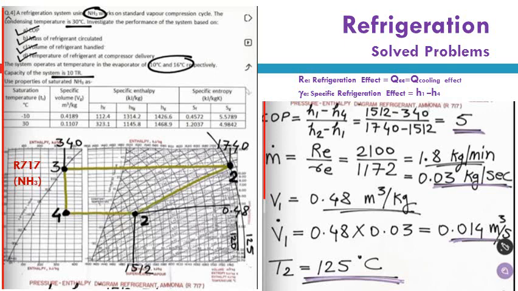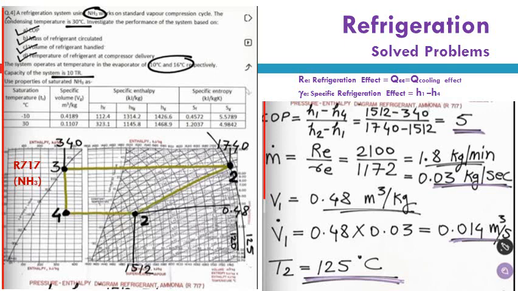So the specific tonnage can be used, 210 multiplying by 10, giving 2100, divided by delta H, 1 minus H4, which is equal to 1172, giving that m dot refrigerant equals 1.8 kilogram per minute, or 0.03 kilogram per second if divided by 60.